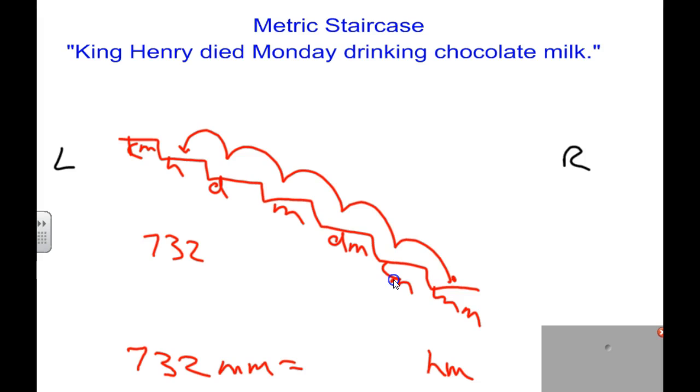Where is it? It's at the end. And we're going to move it 5 places to the left. Ready? 1, 2, 3, 4, 5. And for these empty places, what will we fill? 0. Good. And so we have 0.00732 hectometers.